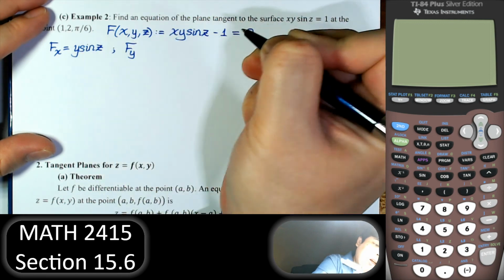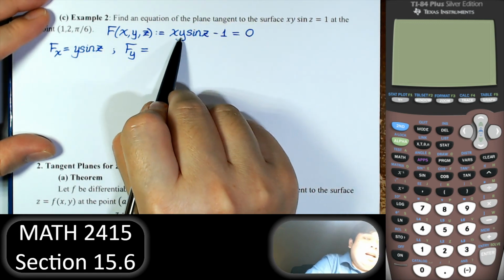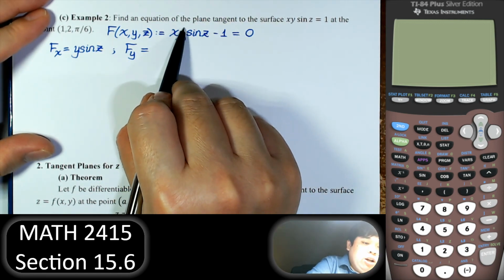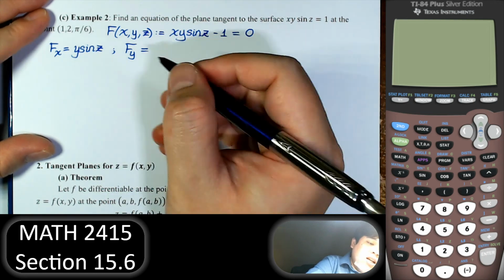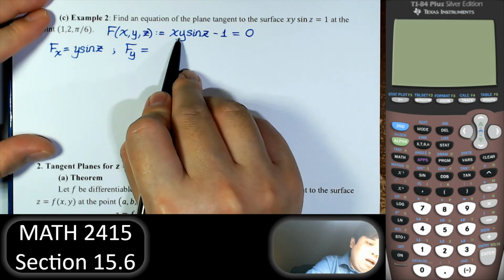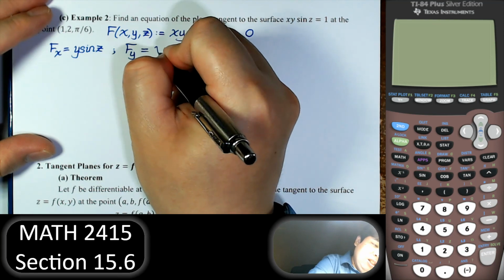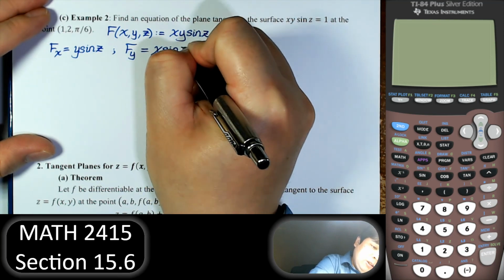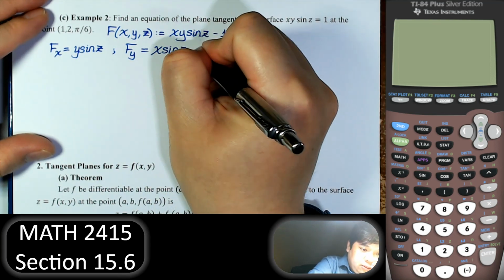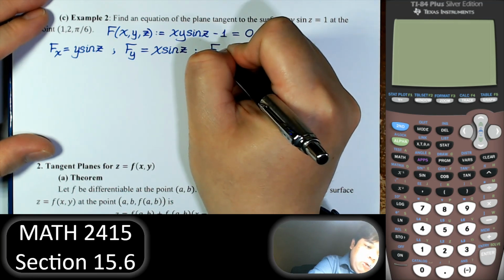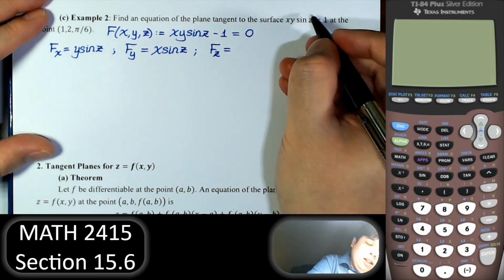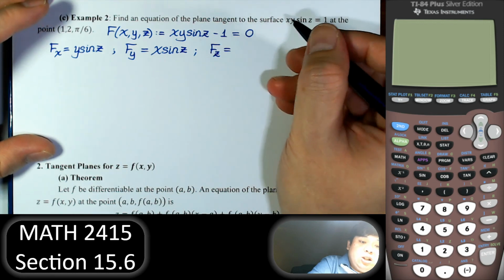Derivative with respect to y, there's only one y here. Derivative of y is 1. x and sine z is constant, so we have x times 1 times sine z. And derivative with respect to z, derivative of sine z is cosine z.